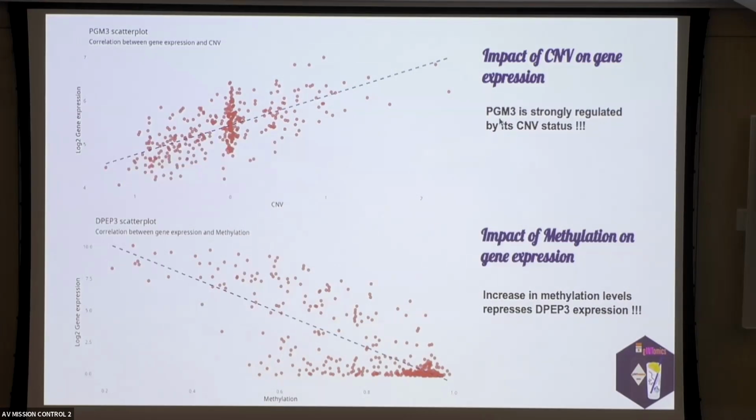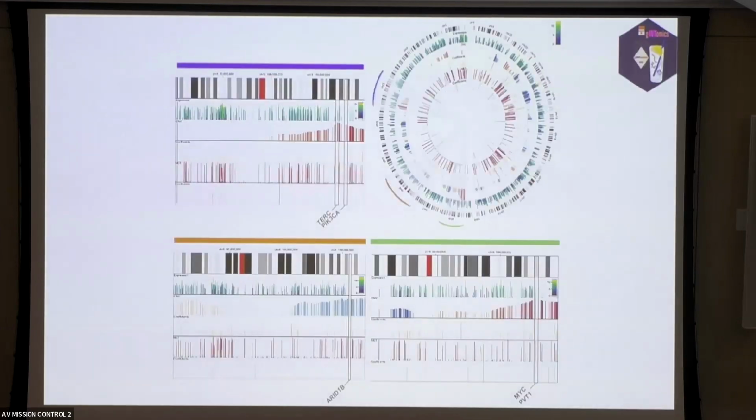Here for the PGM3 gene, we can see clearly this positive correlation between gene expression and copy number. Instead, for DP-EP3, we see the negative correlation between the gene expression and the methylation.